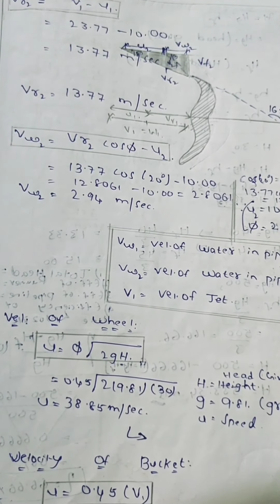Substituting, 13.77 into cos 20, which equals 12.94, minus 10.00, which gives Vw2 equals 2.94 meters per second.